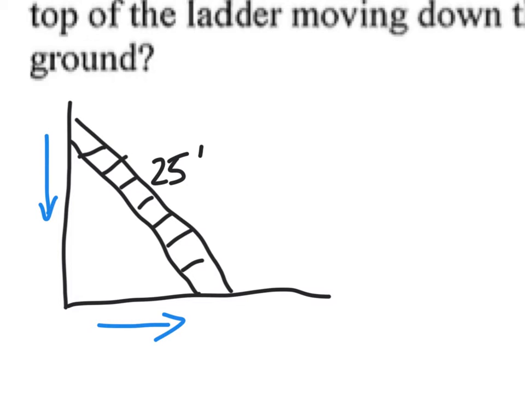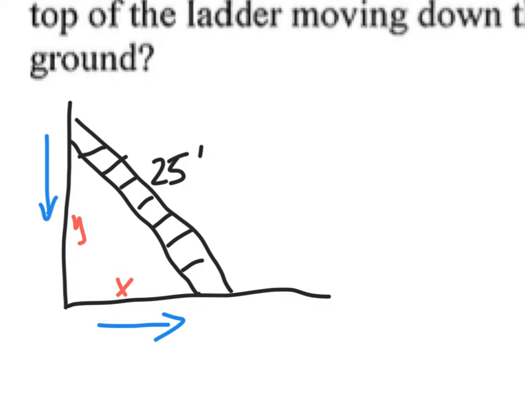So the distance from the base of the wall to the bottom of the ladder changes. I'm going to call that length x. The distance from the top of the ladder to the ground is also changing, it's moving down, so I'm going to call that y.